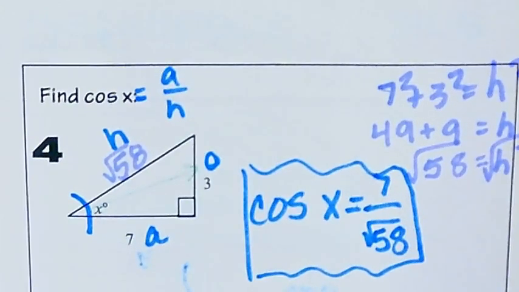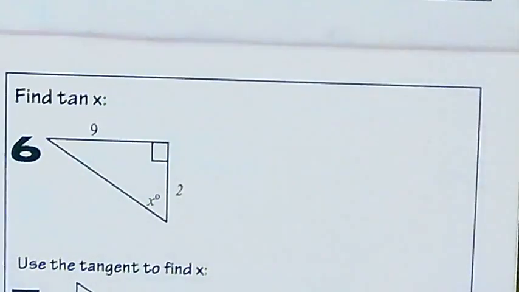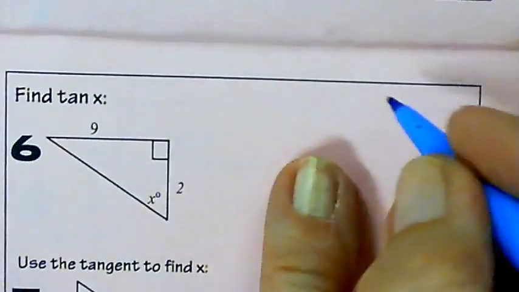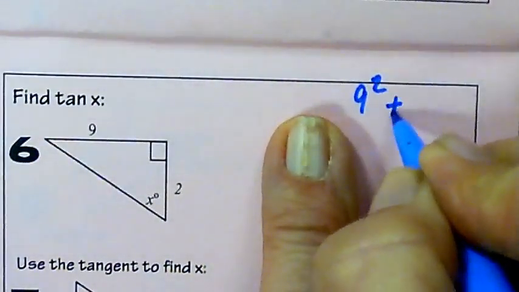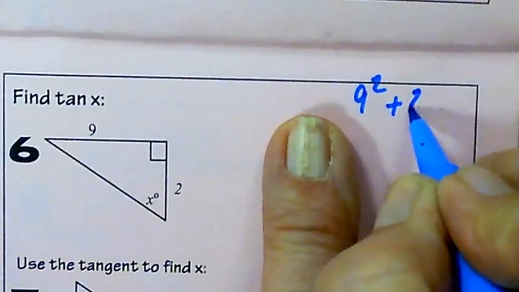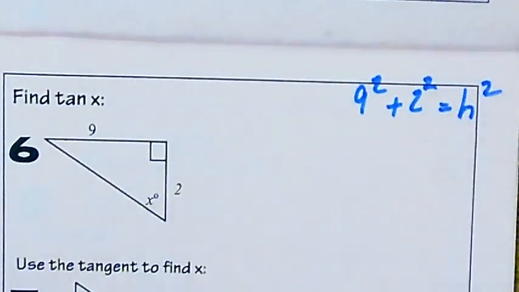Okay, let's look at number 6. They're making us find the hypotenuse again. This time we have 9 squared plus 2 squared equals h squared. So go ahead and find out what h is.